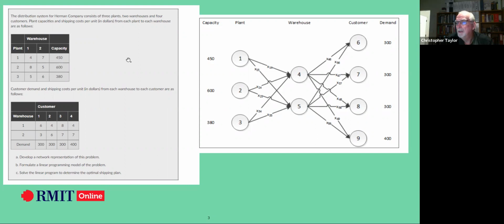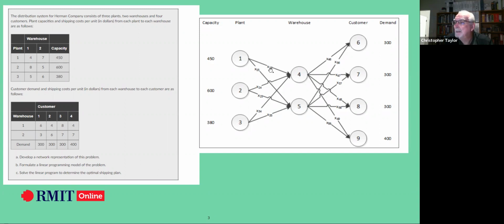So what we've got, these are the plants, and they can send product to either warehouse 4, well, warehouse 1 or warehouse 2. And then from those warehouses, they can go to customers 6, 7, 8 and 9. We're just using the node numbers so it's not too confusing. Now, just to make life easier, we've used the letter X, because X can mean anything.